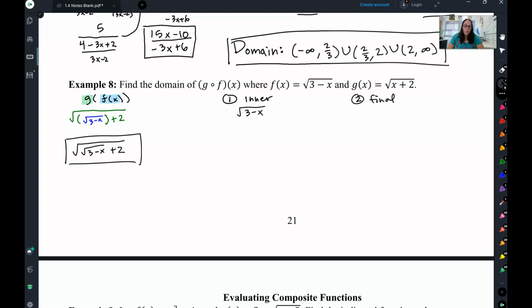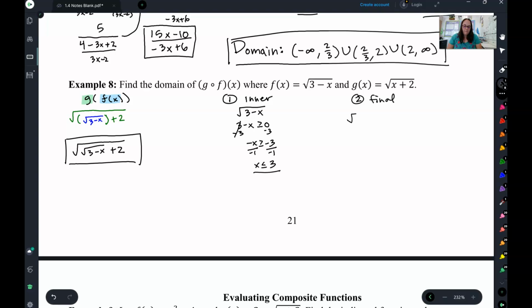We know with roots, we set the inside to be greater than or equal to 0, because the inside must be positive. So minus 3. So x, forgot that when I divide by a negative, flip signs, x must be less than or equal to 3. That is my inner domain.